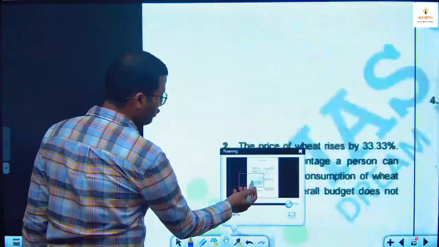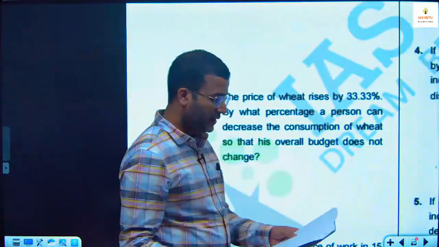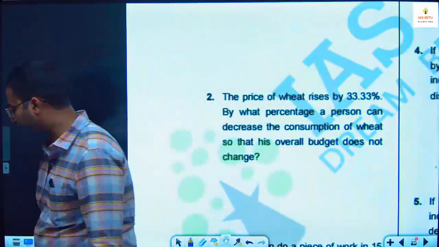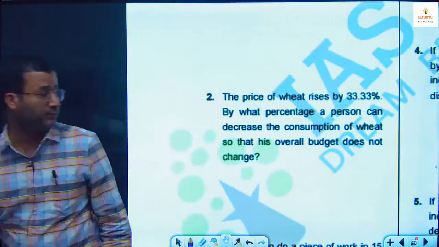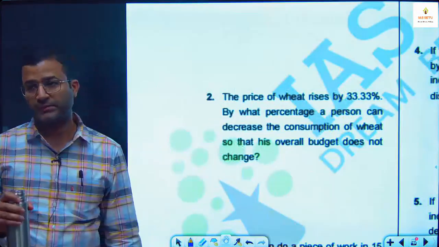Similarly, you can check question number 2. The price of wheat rises by 33.33%. By what percentage can a person decrease the consumption of wheat so that his overall budget does not change?